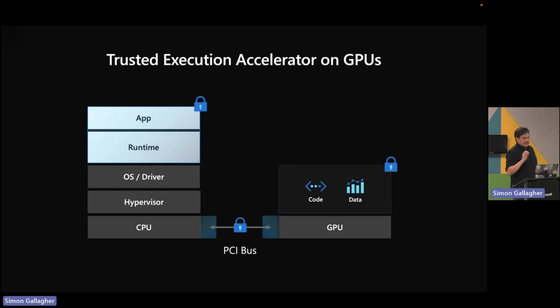Now, it's not just for traditional CPUs. This is also bridging out, and this is still fairly new. Some of this is in limited preview at the moment, but with GPUs, they're starting to provide the same capabilities. We're doing a lot of work with NVIDIA to do this, and I don't think anybody could have missed ChatGPT and all of the grand things going on in that space.